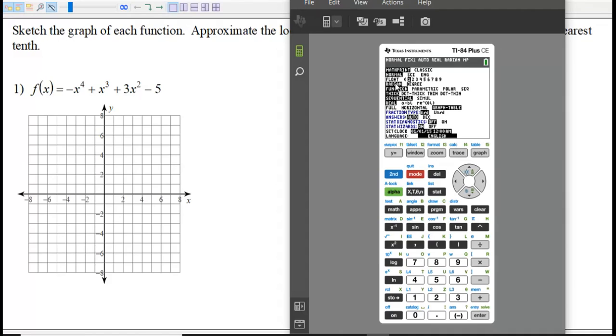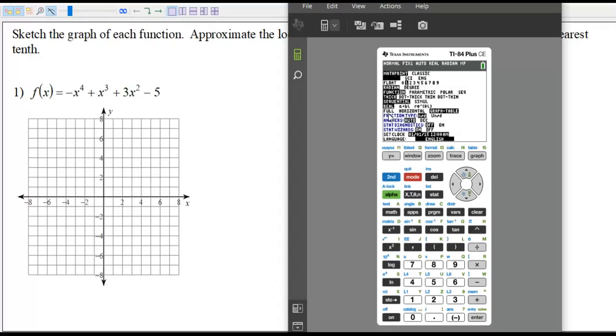If the instructions tell us to round to the nearest tenth, then we want to set our calculator so that it rounds everything to one decimal place. Typically, we have float selected, which means that we don't round at all. 0 would mean that we have no decimals, and 1 would be the nearest tenth. Go ahead and set your calculator to this and press enter.